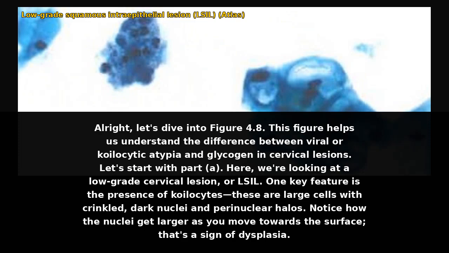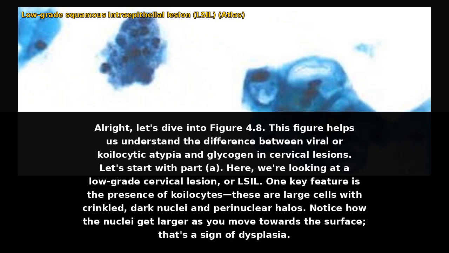All right, let's dive into figure 4.8. This figure helps us understand the difference between viral or coilocytic atypia and glycogen in cervical lesions. Let's start with part A. Here, we're looking at a low-grade cervical lesion, or LSIL.